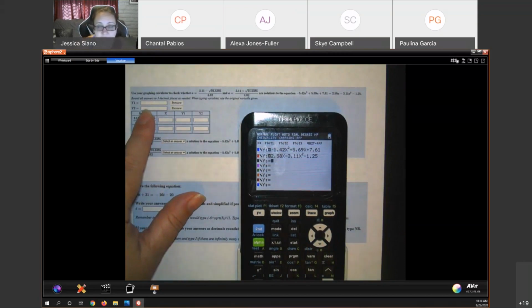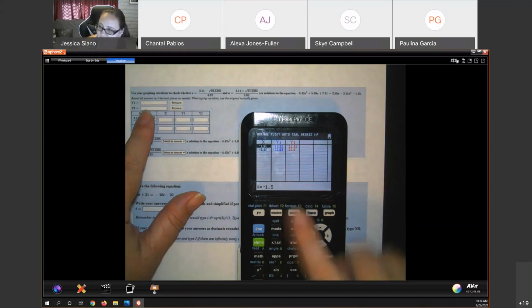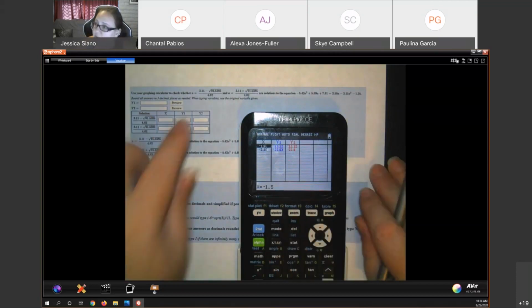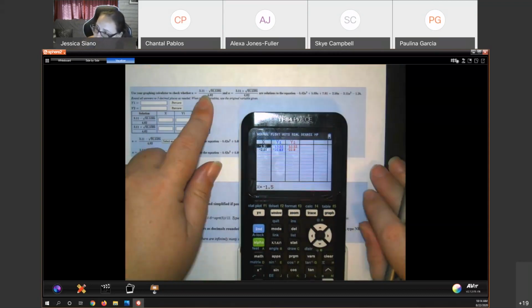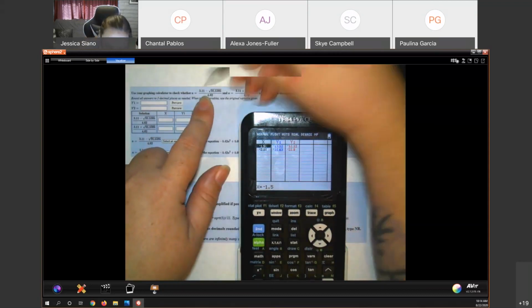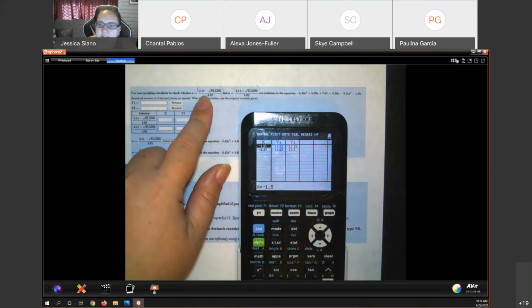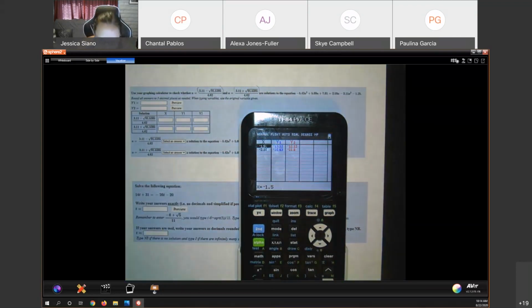Okay. Now let's go to our table. So second and graph to get to the table. Don't worry about the fact that these are here. You can just go right over them. So to put this in the calculator, you're going to need parentheses around your numerator, because remember that long division bar is a grouping symbol and it means the whole numerator divided by the denominator.